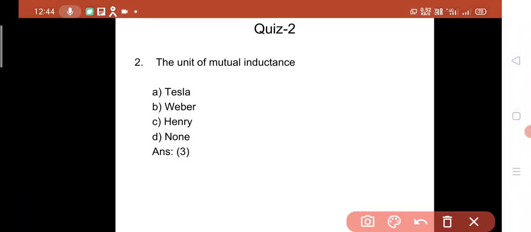Second one: the unit of mutual inductance. A, Tesla; B, Weber; C, Henry; D, none. The answer is Henry. Third one: the mutual induced EMF.